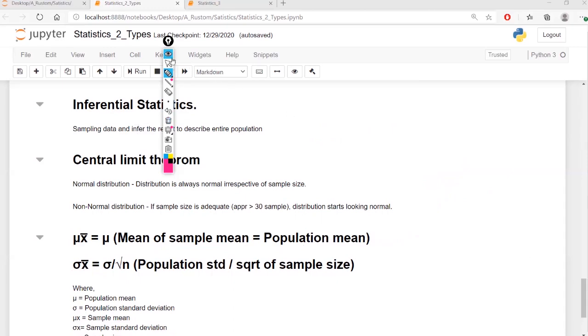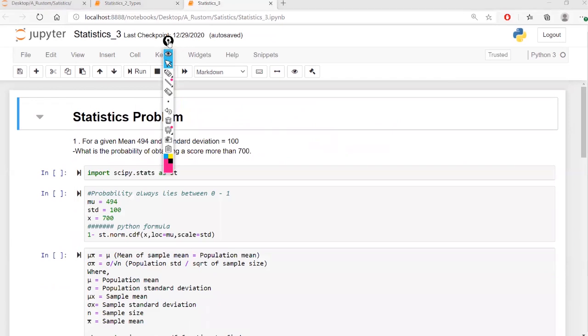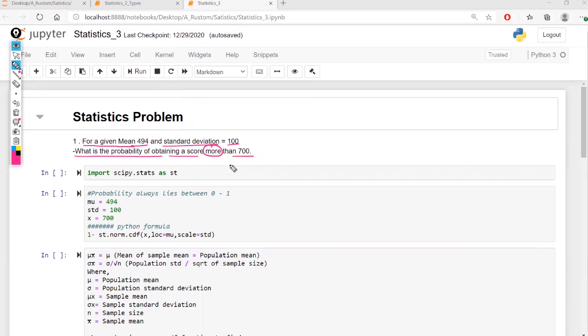All right, let's go to the problem statement and try to understand one problem here. Say that for a given mean 494 and standard deviation 100, what is the probability of obtaining a score more than 700?